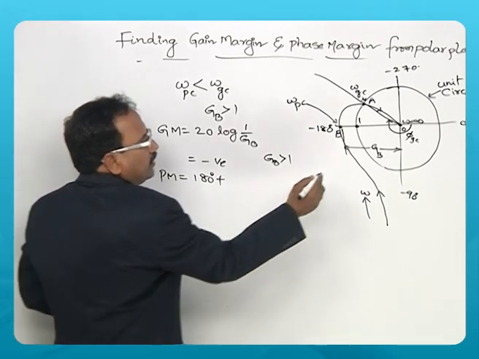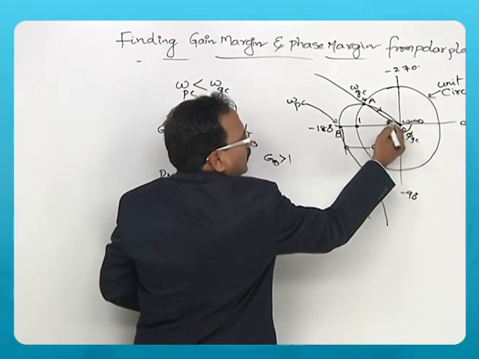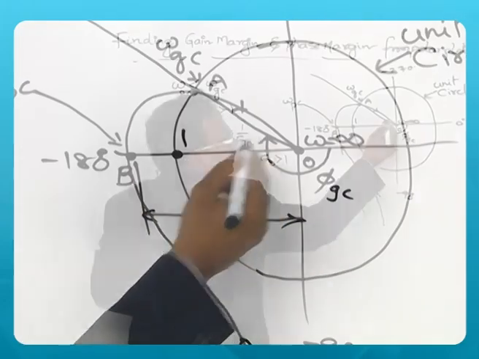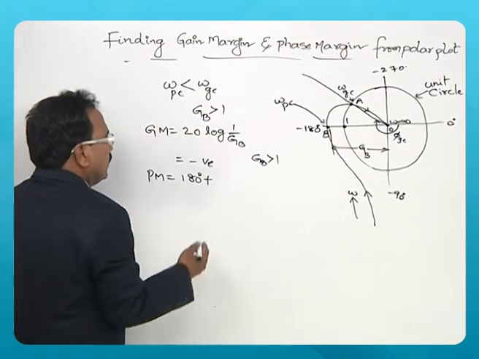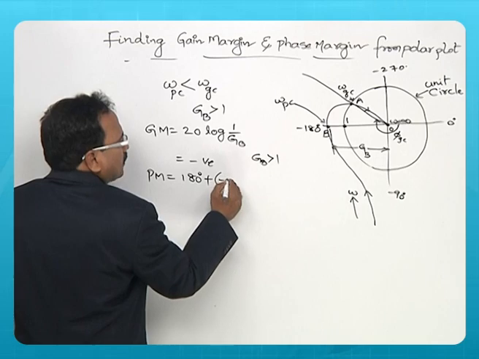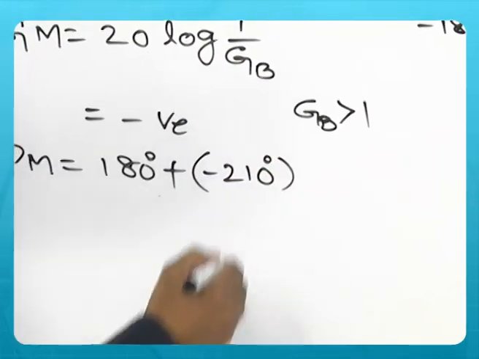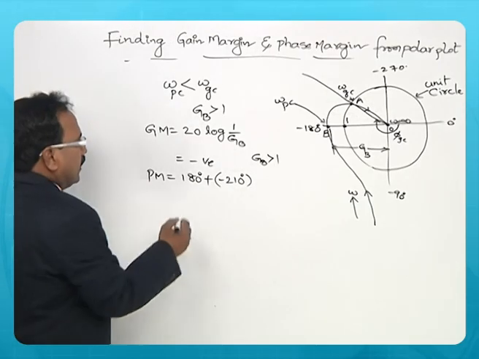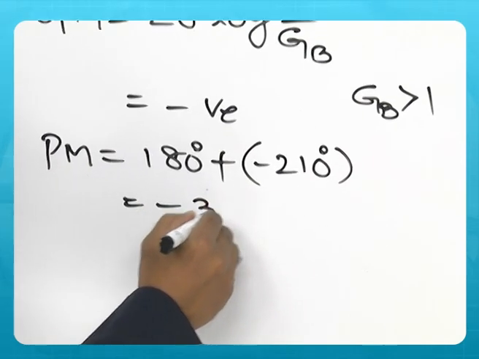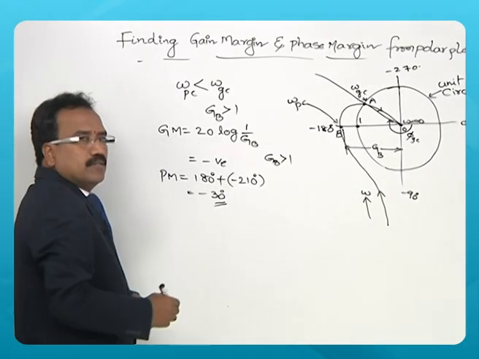That phase angle you can look at from here to here, it is greater than minus 180, say minus 210 degrees approximately, then you have minus 30 degrees.